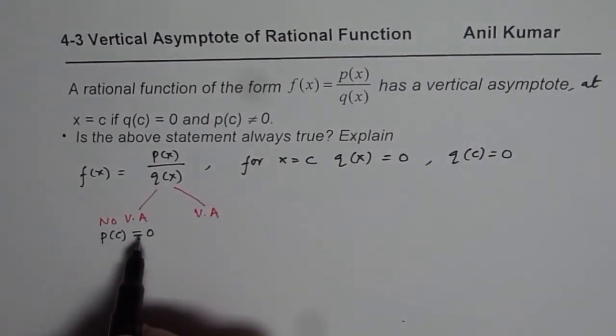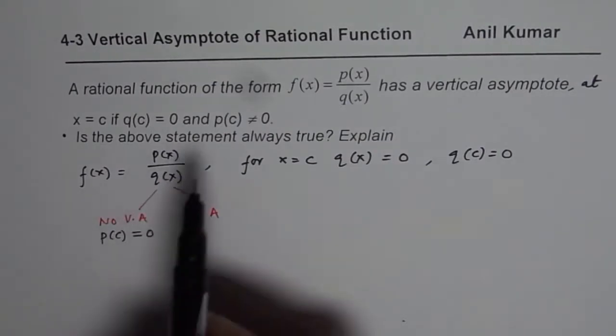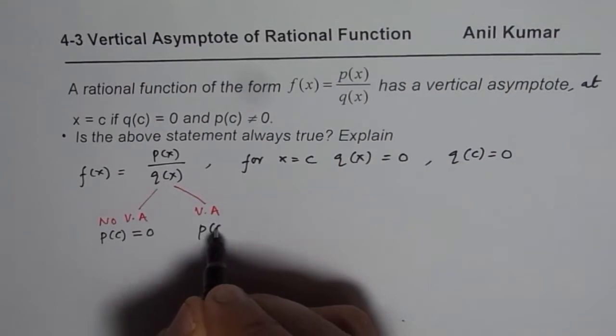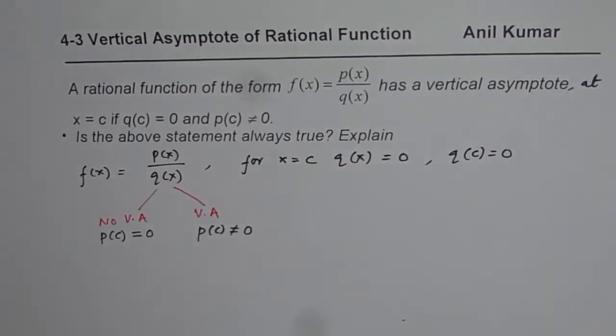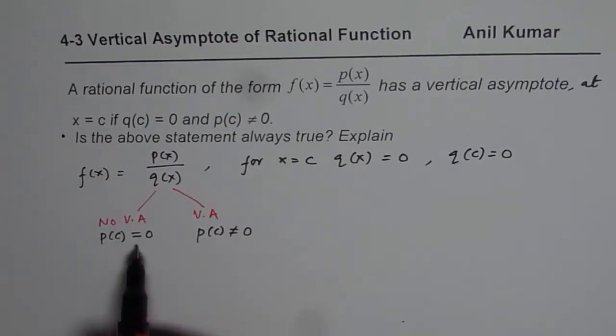If the numerator is also equal to 0, then no vertical asymptote. But if the numerator is not equal to 0, then you will have a vertical asymptote. That is what the statement is. I hope now the statement is absolutely clear. So in most of the cases, the statement is perfectly fine.